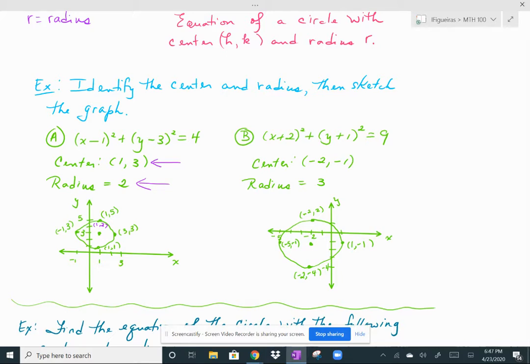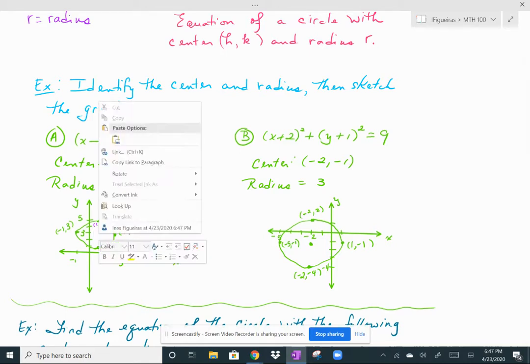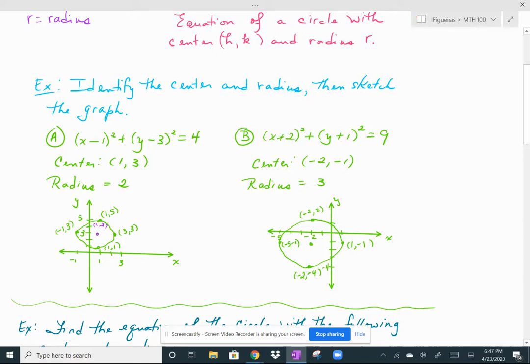So here's my graph. Now I know it doesn't exactly look like a circle. That's because I did it freehand, but it's supposed to be a circle. So the point (1, 3) is right here in the middle. And then you're going to draw 4 points to the right, to the left, up and down from that center point. I'm going to make my center point purple so it's easier to see.